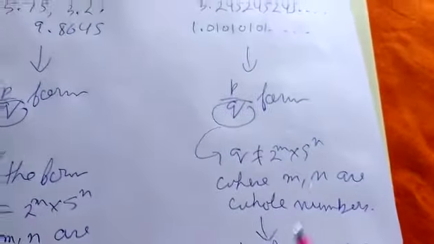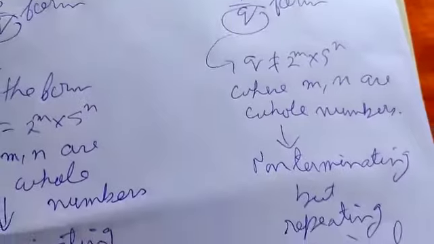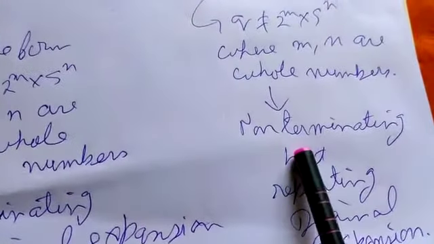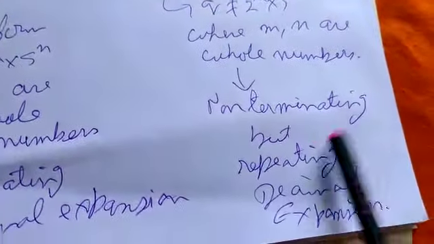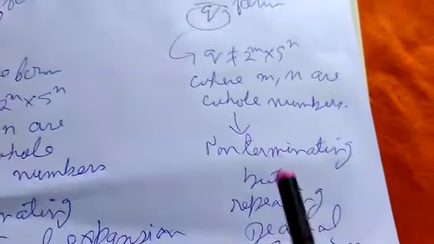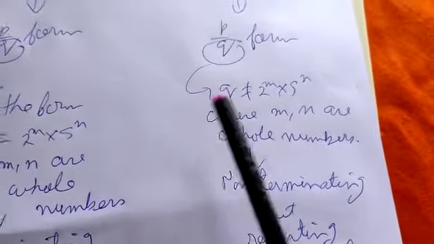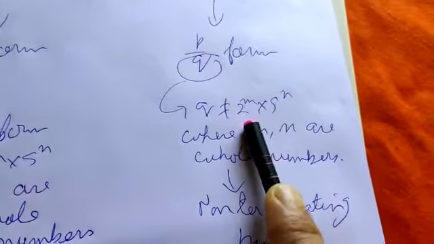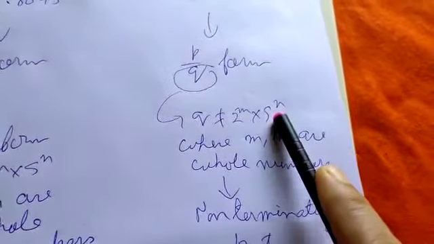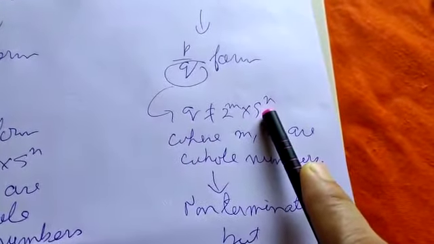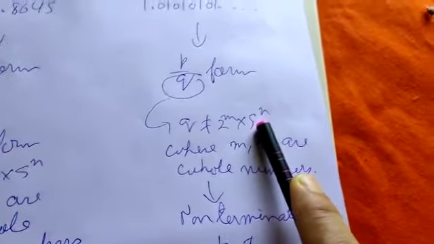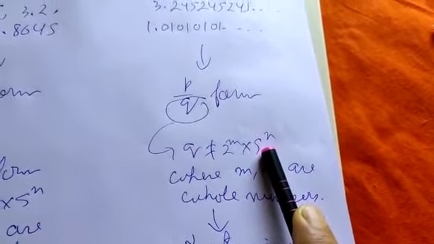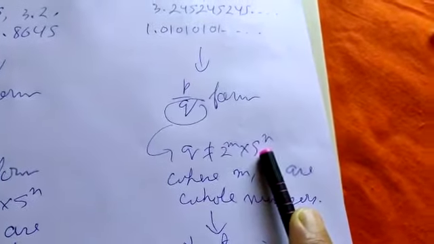So what is the meaning of this one? In non-terminating but repeating decimal expansion, the denominator q can have the prime number 2, the prime number 5 as one of its prime factors, but definitely there will be any other prime number other than 2 and 5 also.